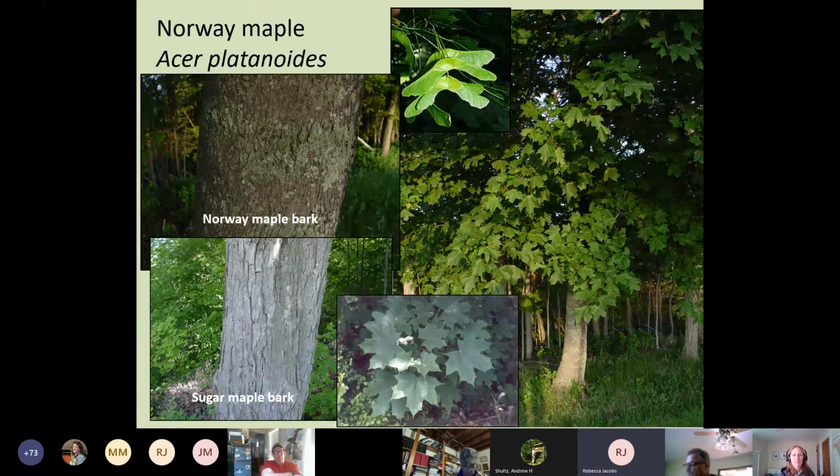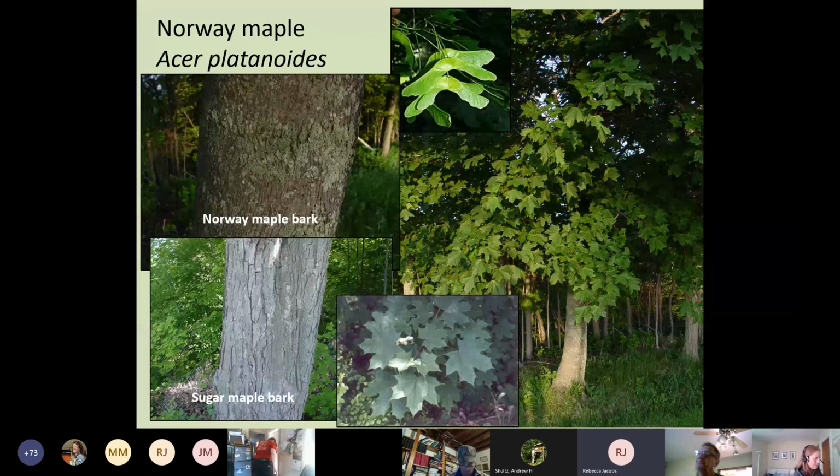It's, of course, got opposite branching and large palmate leaves with a yellowish fall color, kind of a dirty yellow, not a particularly attractive bright yellow fall foliage color. So in the autumn, if you're doing ID and you're possibly confusing it with sugar maple, you'll know for sure that it is in fact Norway maple.